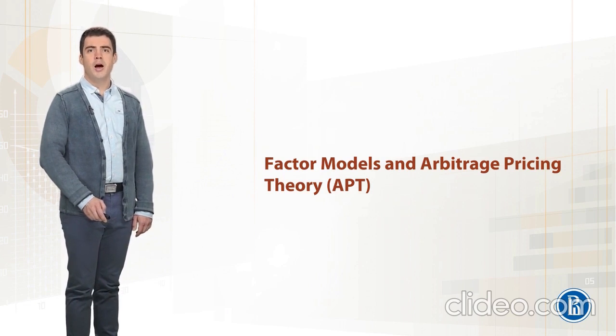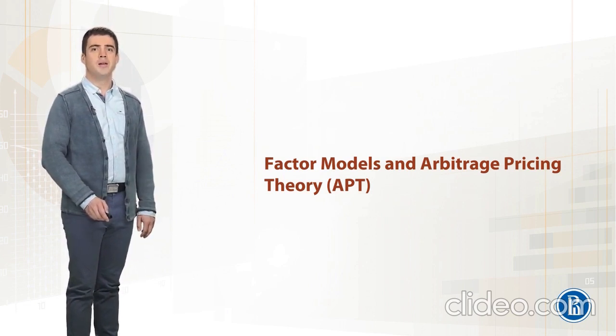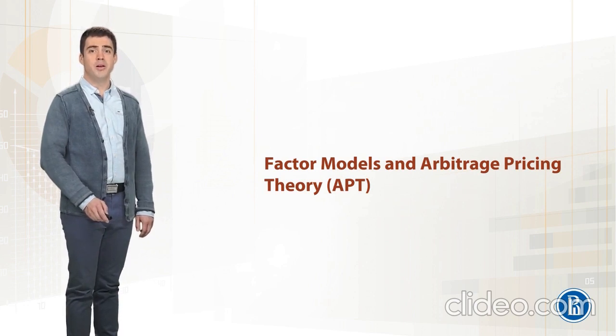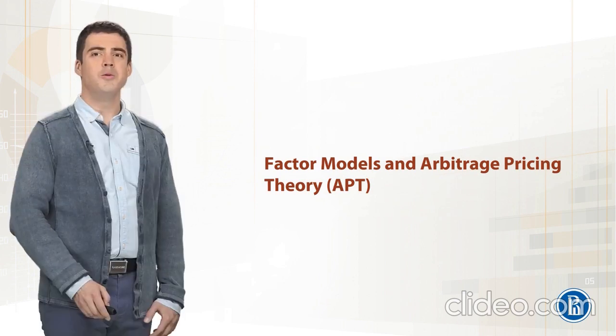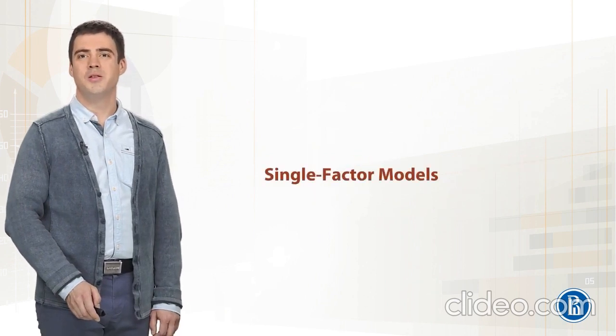In this lecture, I would like to provide the theoretical framework for an alternative way to explain the relationship between risk and returns based on factor models and arbitrage pricing theory. I will start with introducing the simple single-factor models.